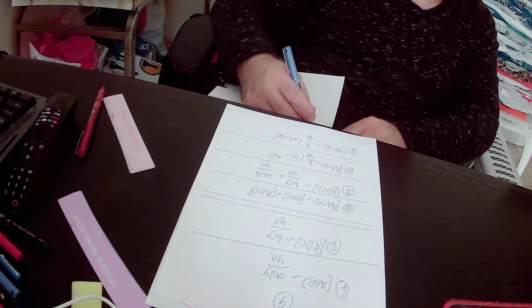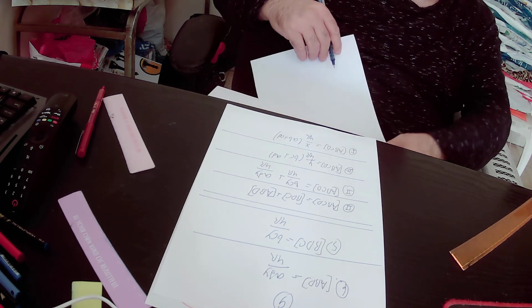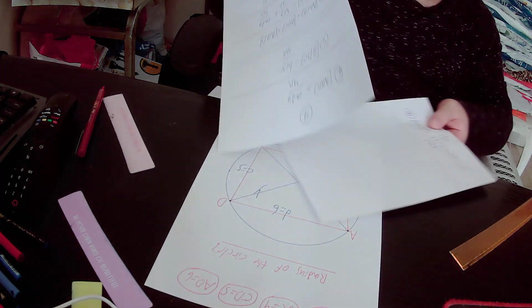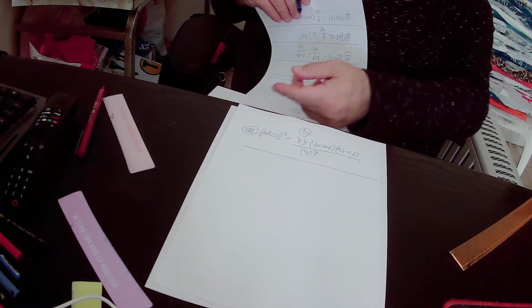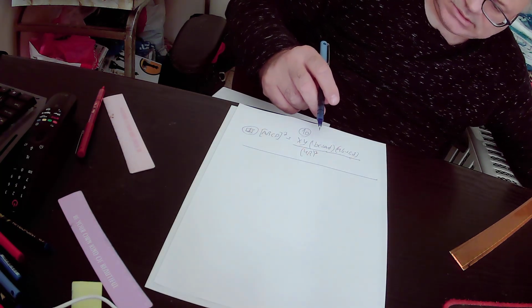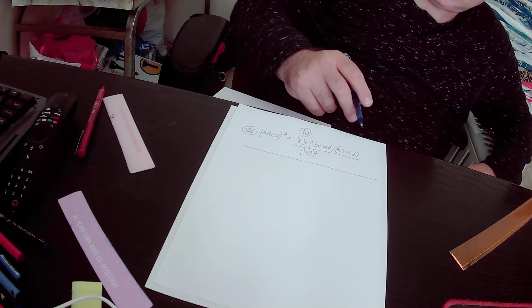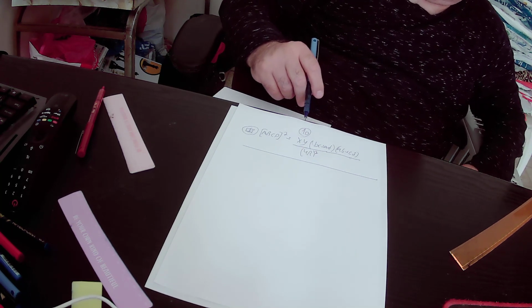So we actually multiplied equation number 1 by equation number 2, and we got that the area of quadrilateral ABCD squared equals xy times BC plus AD times AB plus CD over 4R squared.